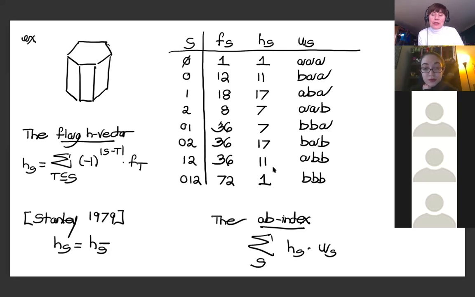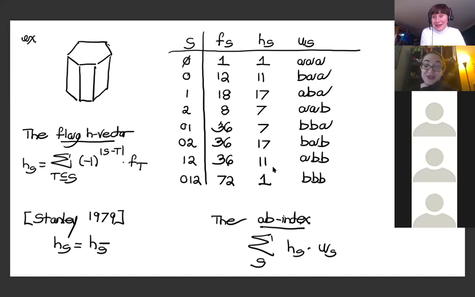So the next thing we want to do is encode this information. Remember that when we were computing the flag vector, these subsets were subsets of the possible dimensional faces. So here we had 0, 1, or 2-dimensional faces. We would like to encode that subset with this U sub S. There are 2 letters here, A and B. A is for absent and B is for be there.